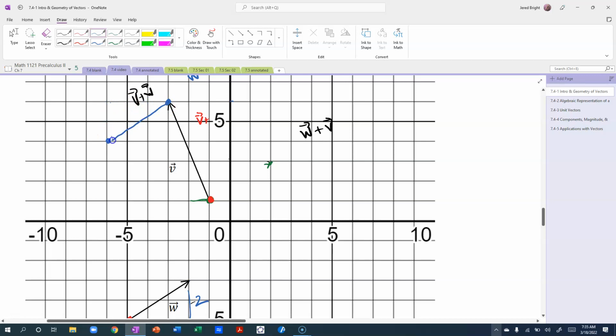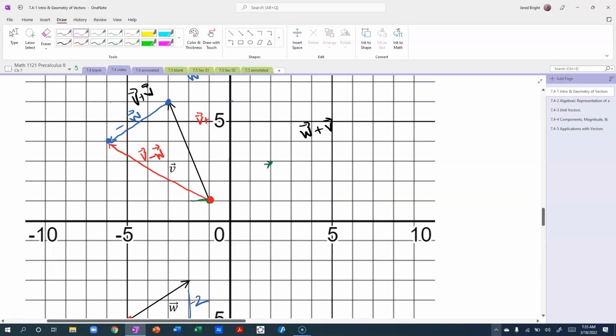So this would be negative w. And then again, the resultant would be this vector in red going from the initial point of v to the tip of negative w. So v minus w would be there.